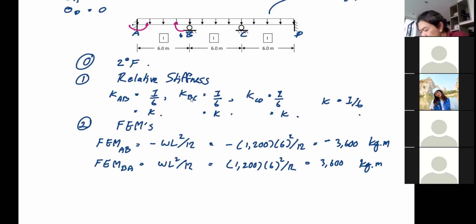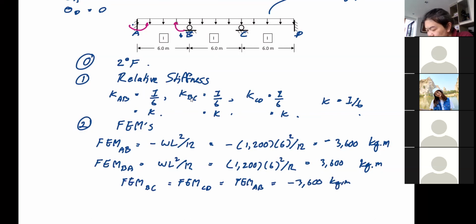All right, and you should know that FEM BC again is equal to FEM CD. It is equal to FEM AB, which we already calculated. That is minus 3600.